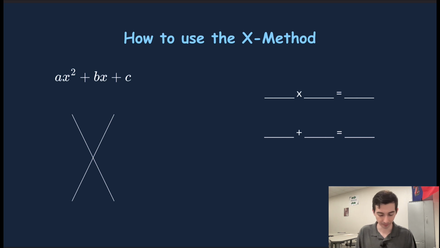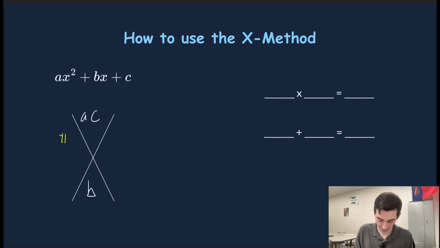more visually. And so in this top area here, we're going to multiply our a number times our c number, right? So whatever number is attached to the x squared times whatever number doesn't have the x with it. And then in the bottom, we're just going to put our b term, okay? And so now on these two sides here, we're looking for two key numbers, as I call it, okay?